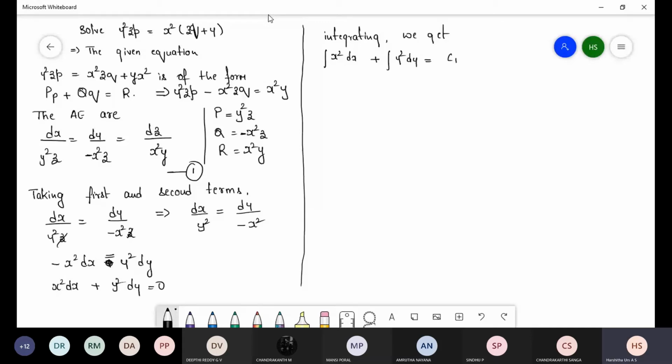Next, integration of x square is x cube divided by 3 plus integration of y square is y cube divided by 3 is equal to c1. So here the LCM is x cube plus y cube is equal to 3 into c1.